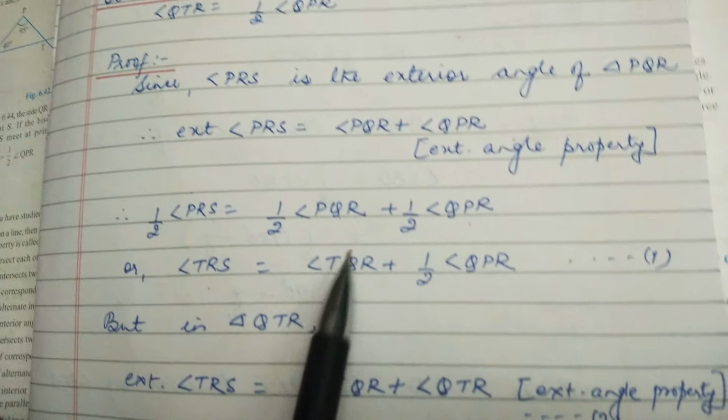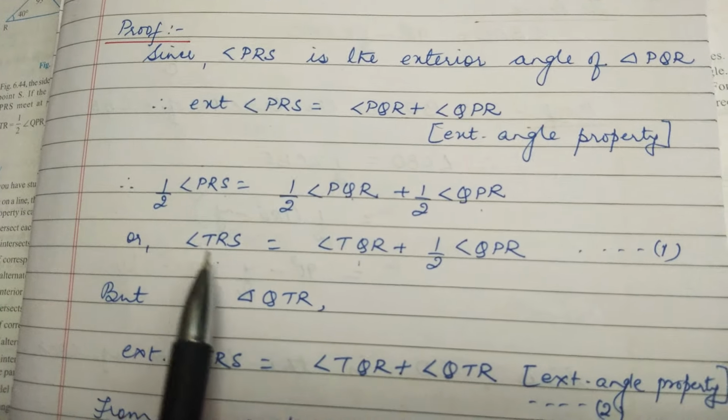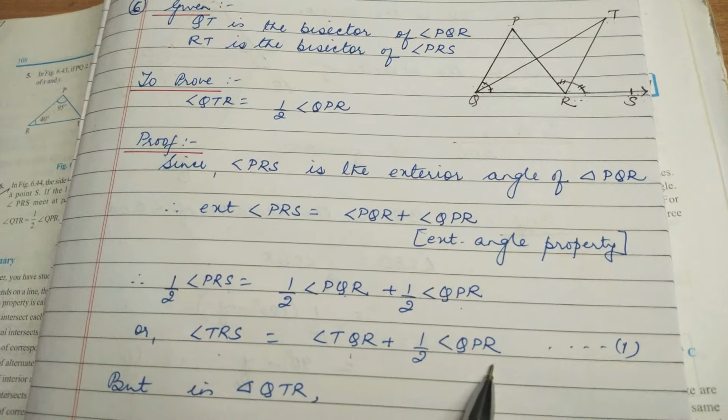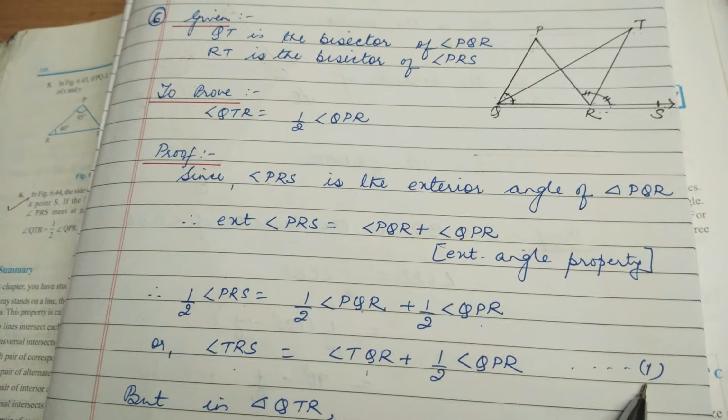So angle TRS equals angle TQR plus half angle QPR. Now let us take it as equation 1.